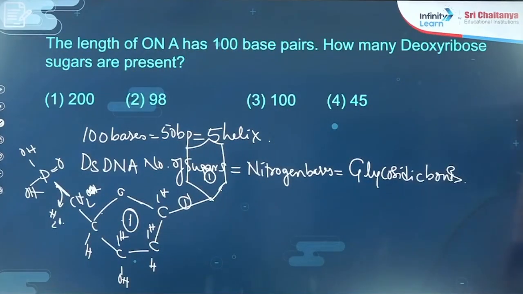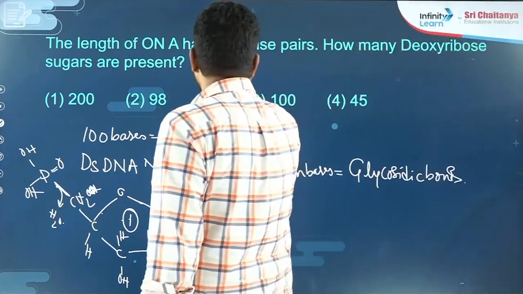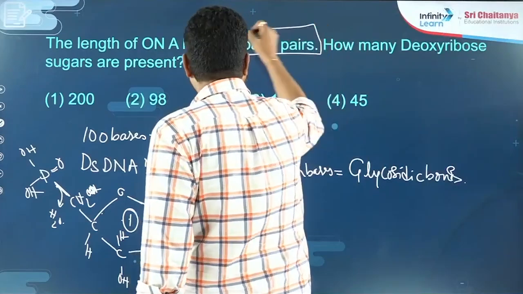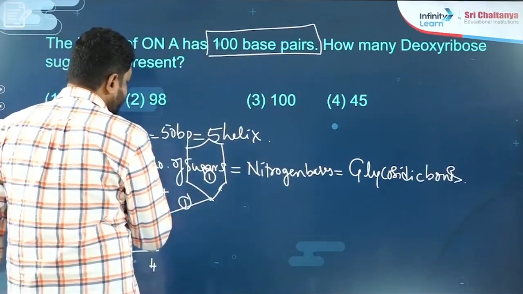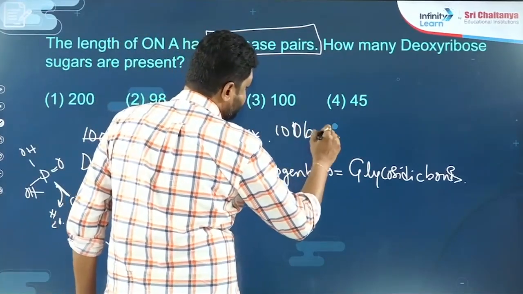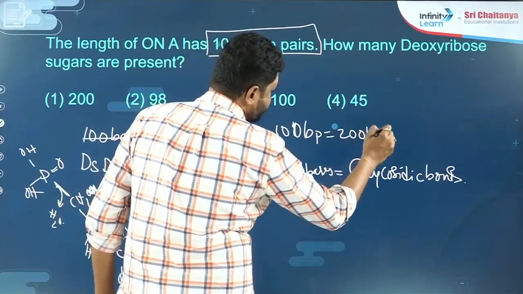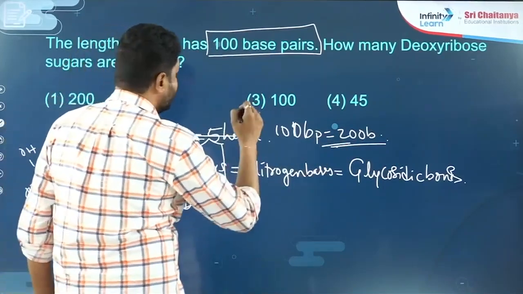In a double stranded DNA, in the question itself it is already given that there are 100 base pairs. So my calculation was wrong. 100 base pairs is equal to 200 bases. Then with 200 bases, the number of sugars will be 200.